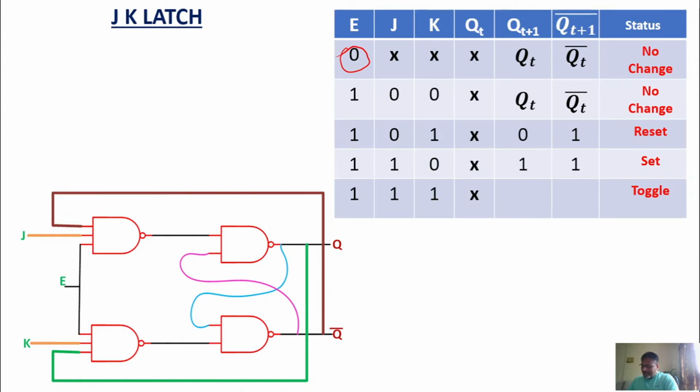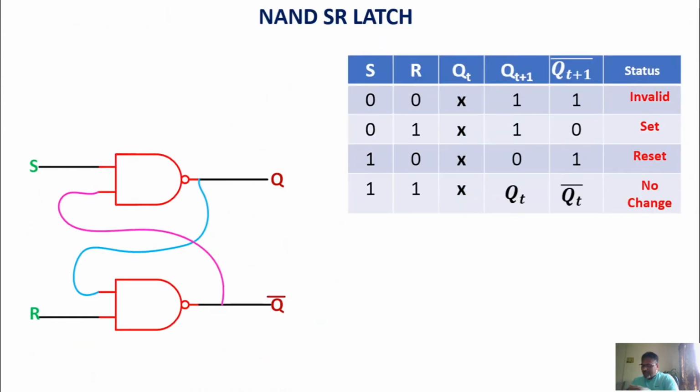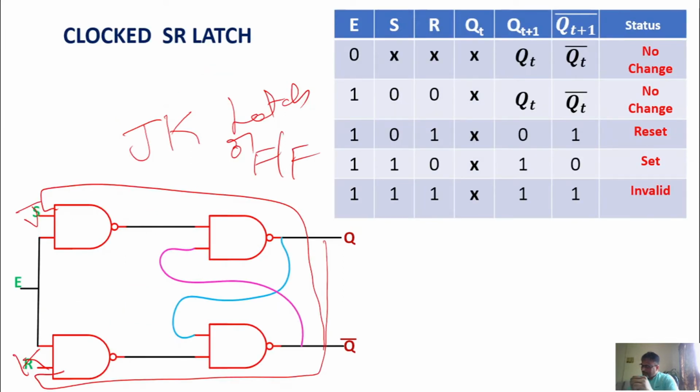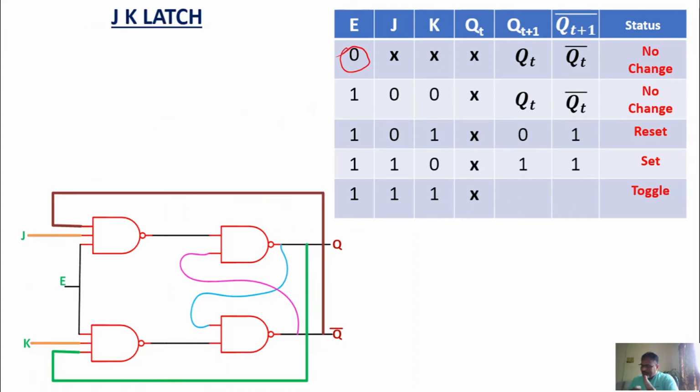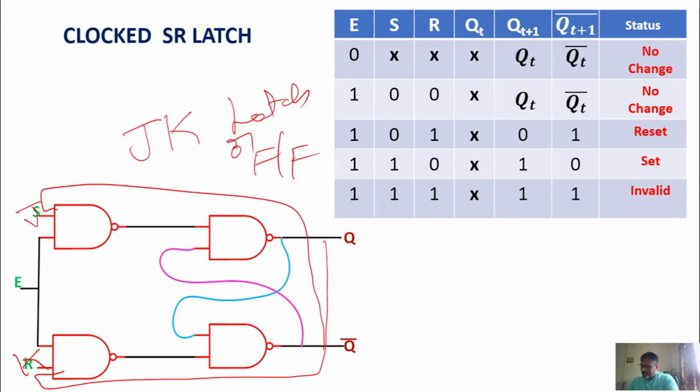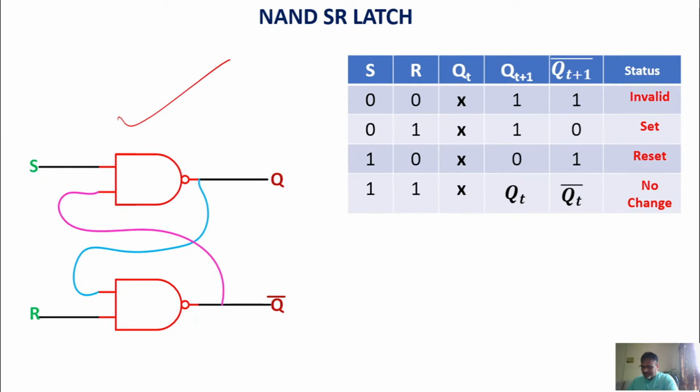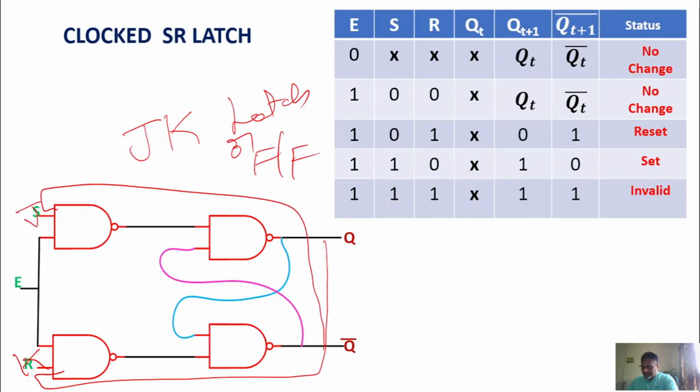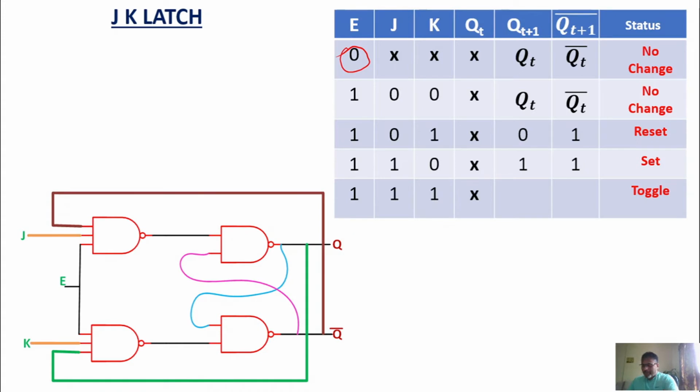I told you that we are actually starting from the NAND based SR latch, and there is similarity in this SR latch, clocked SR latch, and JK flip-flop. So if you know the working principle of how the SR latch works, how the clocked SR latch works, you can easily understand this JK flip-flop.